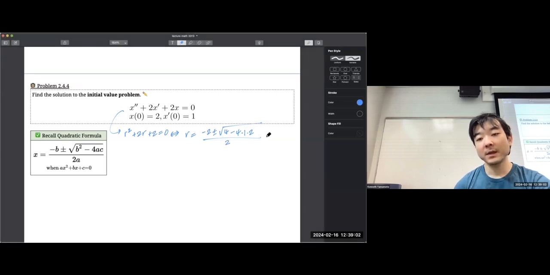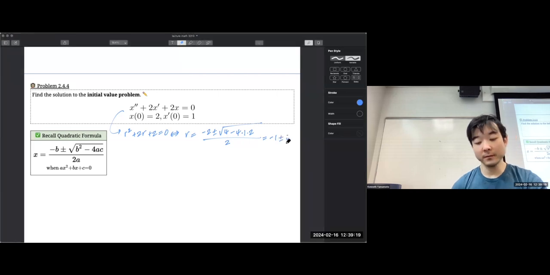And so then this will be negative 1, because negative 2 divided by 2. 4 minus 8 is negative 4. The square root of negative 4 is 2i divided by 2, so it's plus or minus i. And we see immediately that our alpha is negative 1, and our beta, which is the imaginary part, is equal to 1.